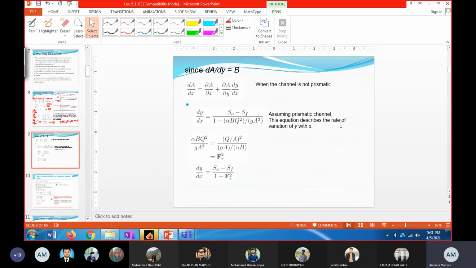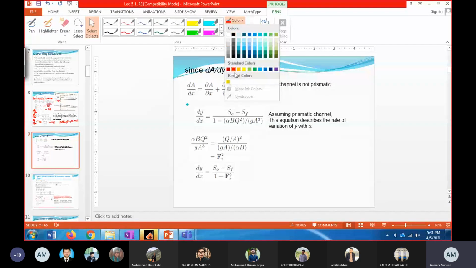Let's see. So dy by dx is equal to S naught minus SF over 1 minus this term. This term, BQ square over gA cube, is actually the Froude number square, Fr square.